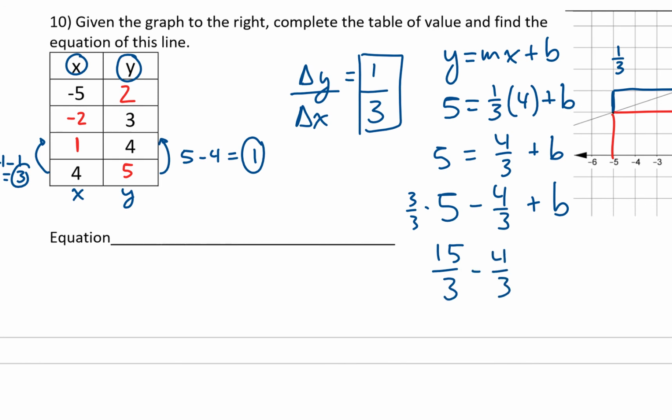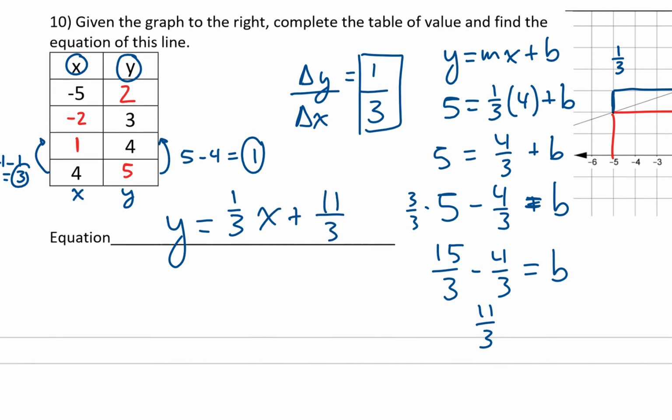And that's going to be what b is. So 15 minus 4 is 11. So I've got 11/3 as my y-intercept. So the equation of this line is y equals 1/3 times x plus 11/3, which is my starting spot on the y-intercept.